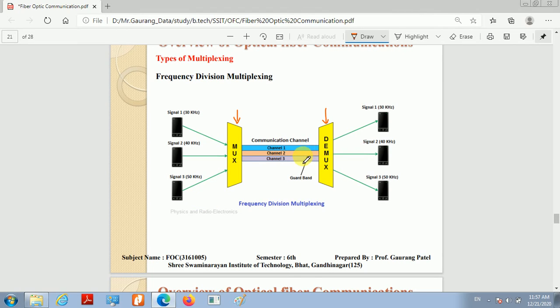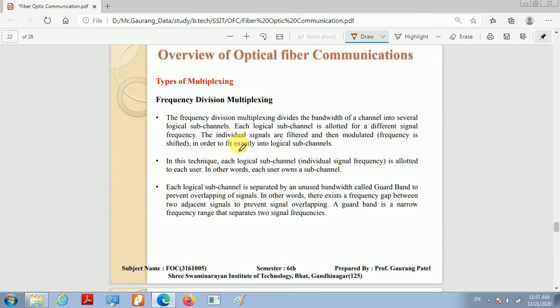And there is a guard band, which is the unused frequency band between two channels in order to prevent interference among the channels. So frequency division multiplexing divides the bandwidth of the channel into several logical subchannels, and each logical subchannel is allotted different frequencies. These individual signals are filtered and modulated in order to fit exactly into the logical subchannels.